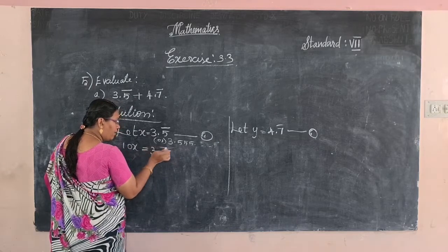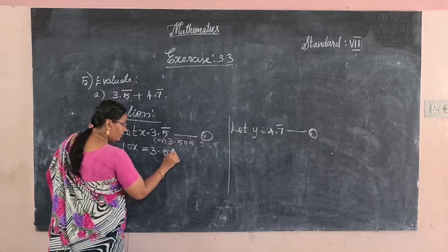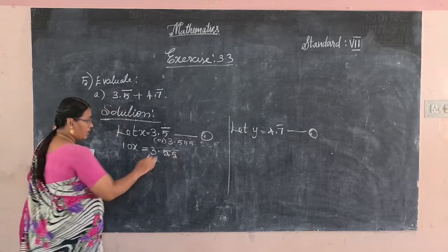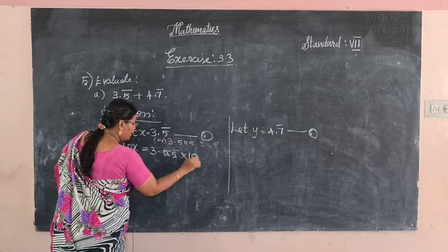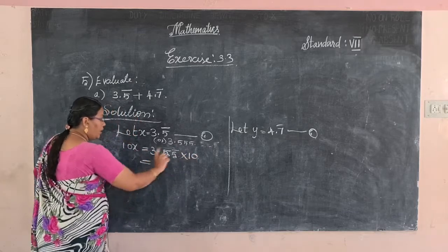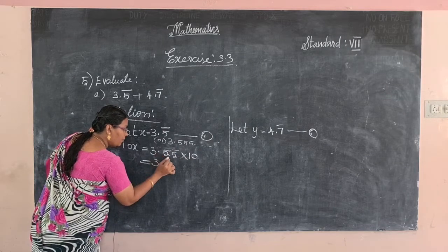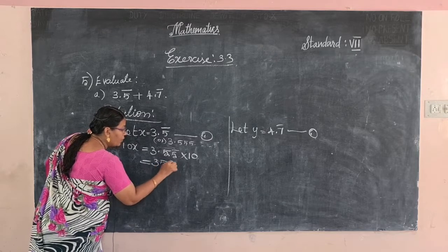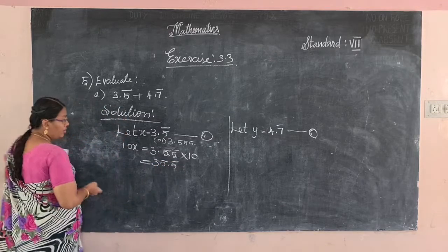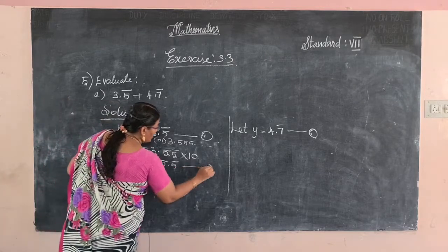Into 10, the decimal point moves forward. So 35.5 bar. It is equation number 2.